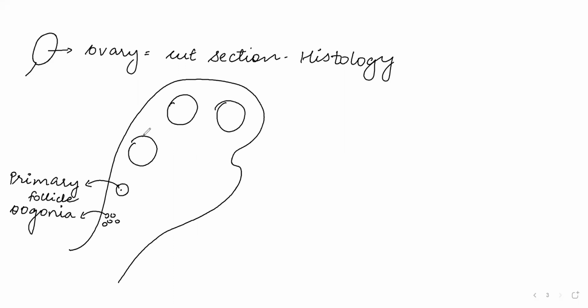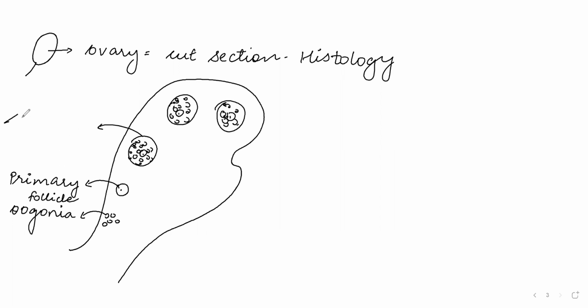This will grow further to form another group of cells. Here we have one cell at the center followed by many tiny cells surrounding it. So now students, what happens inside the ovary is that one of the cells of oogonia will develop into a primary follicle.